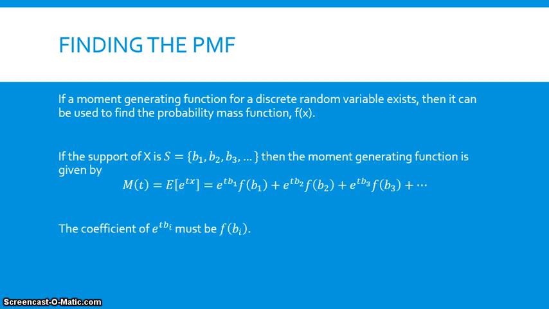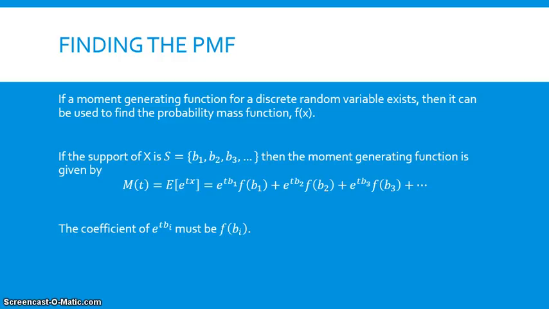If the support of x is the set of numbers b sub 1, b sub 2, b sub 3, and so on, then the moment generating function, remember, is given by m of t equals the expected value of e to the t times x power, which could be written as the sum e raised to the t times b1 power times the PMF evaluated at b sub 1 plus e to the t times b2 power times f of b2 plus e raised to the t times b3 power times f of b3, and so on.